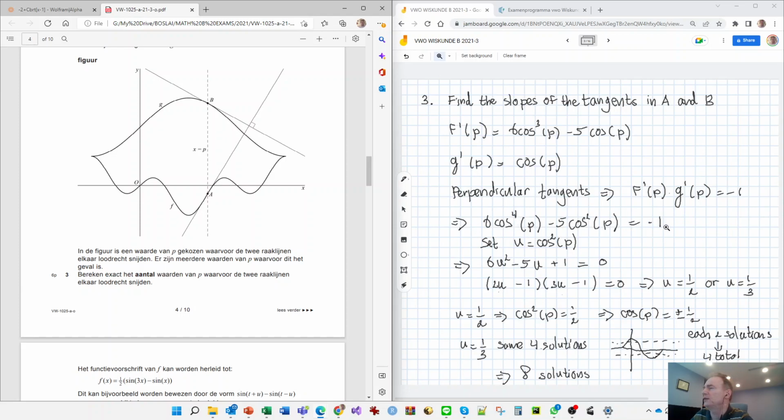But yeah, try to write it in a certain form that you know, a quadratic form, like done here. Just recognize that, hey, what if I say u is cosine squared p, then I get a u squared here and a u here, and then it comes into a form I can actually solve.